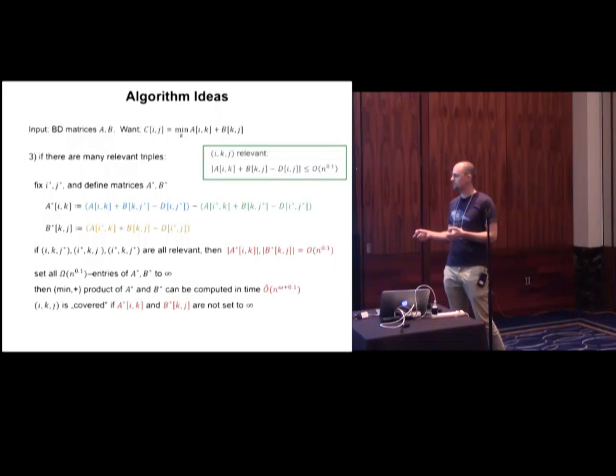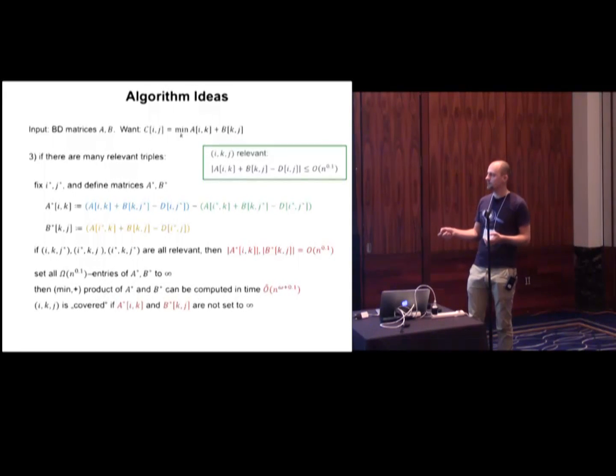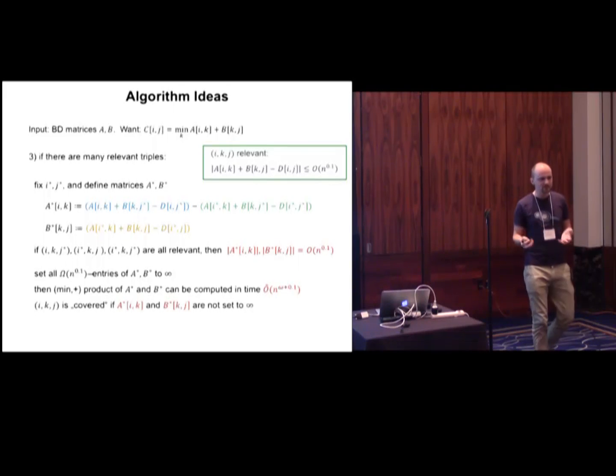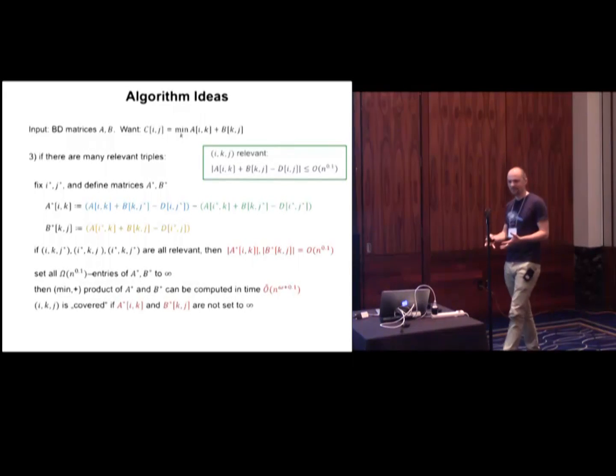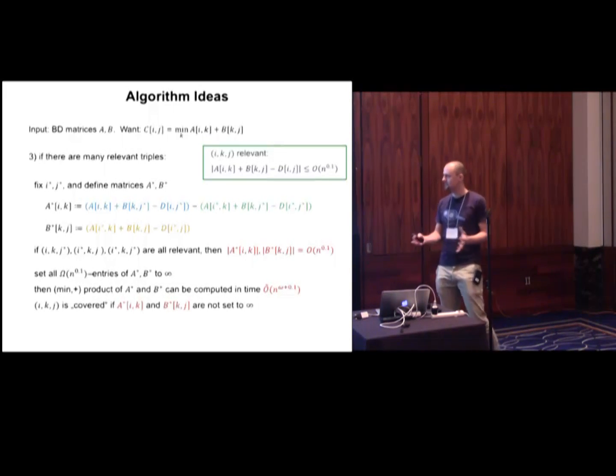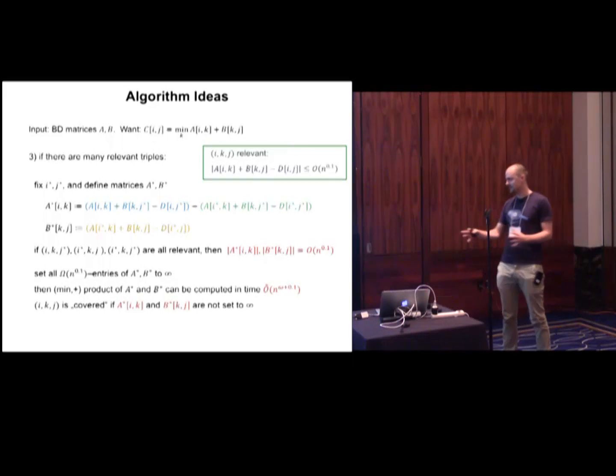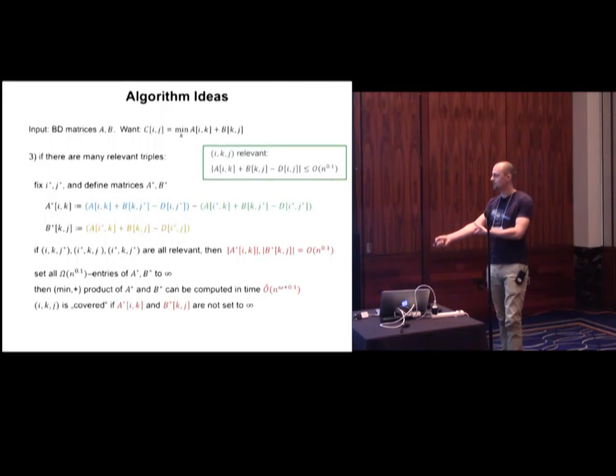So we say that some relevant triple ikj is covered by this process if the two entries corresponding to that were not sent to infinity. If they were not sent to infinity, then actually the contribution of this triple has reached the output matrix. It's included in the output.